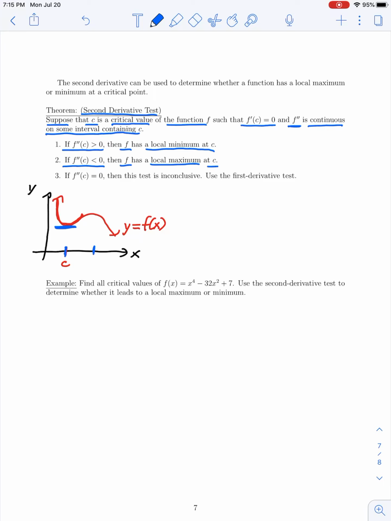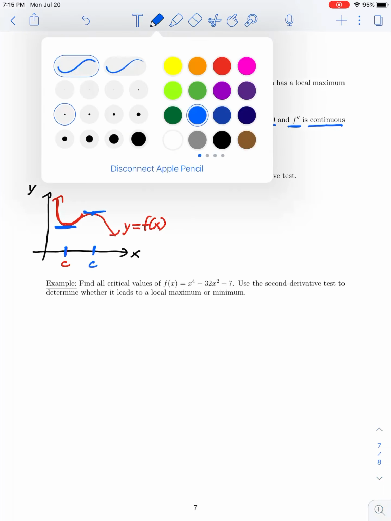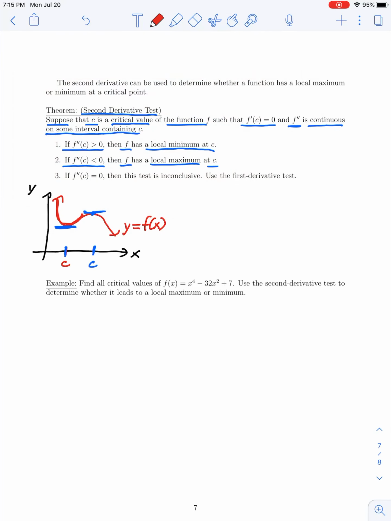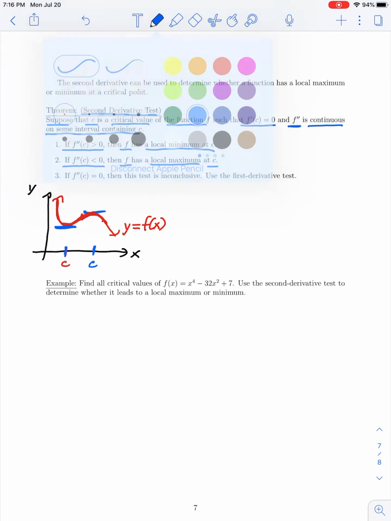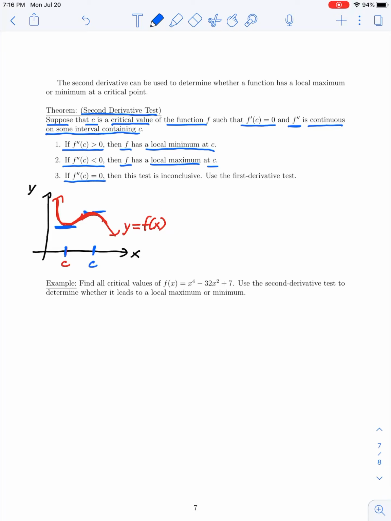So to illustrate, if we took a separate value for c, where we have a horizontal tangent, and we see that the second derivative there is negative, so that our curve is downward opening, that means that critical value must yield a maximum. Now, in the case that the second derivative is equal to 0, then this test would be inconclusive, and we would have to make use of the first derivative test instead.